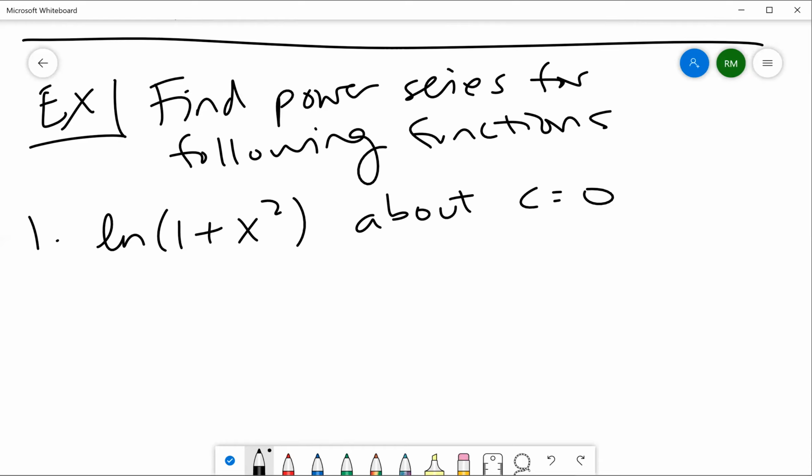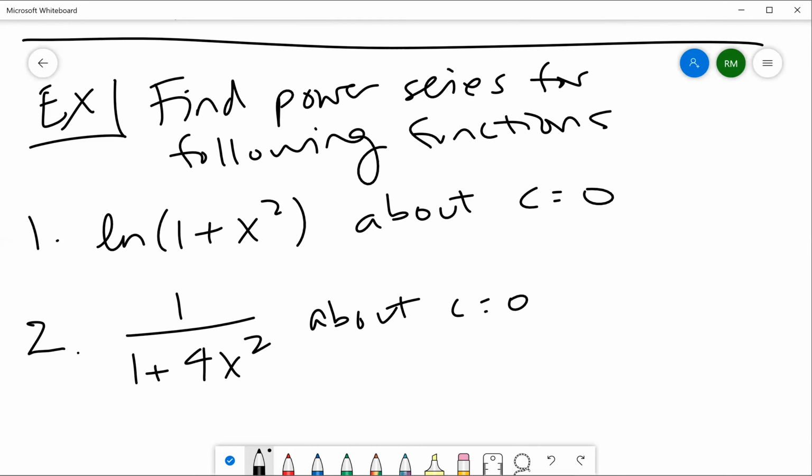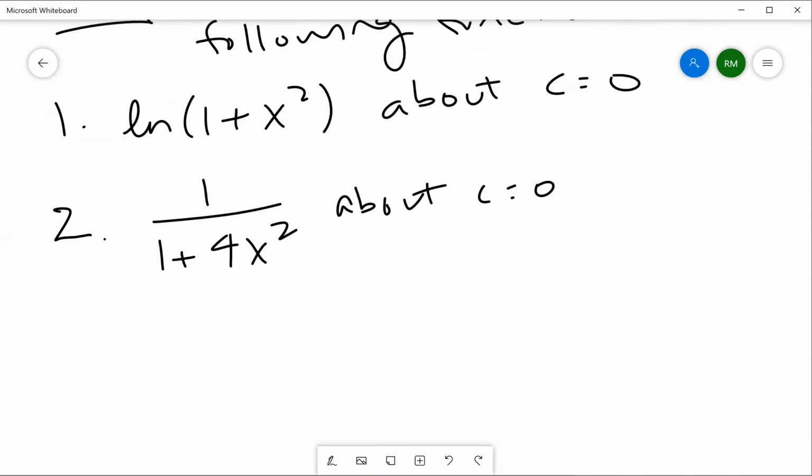So hint, use the series we just did earlier today and use a certain rule we learned last time. Another one is 1 over 1 plus 4x squared about c is 0. Hint, think about our infinite geometric series.